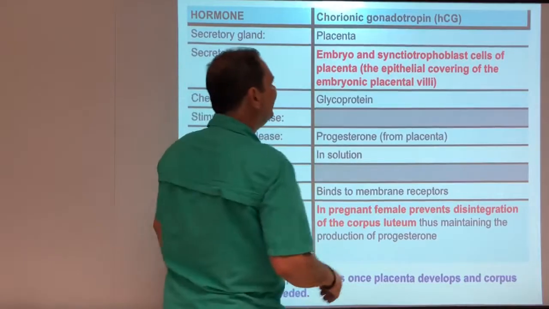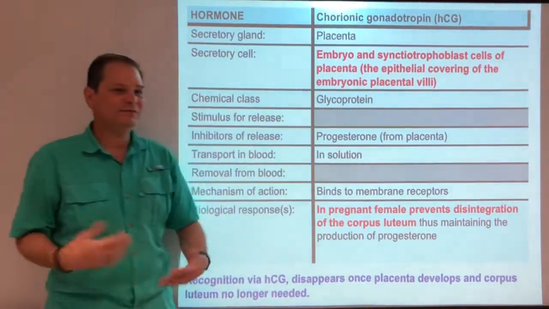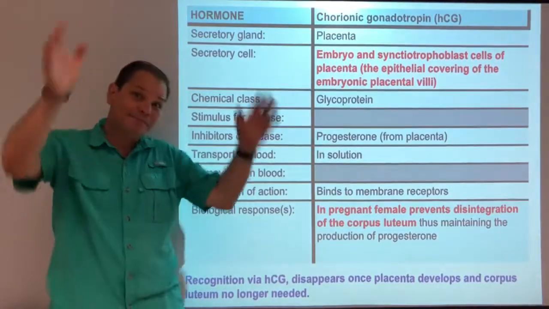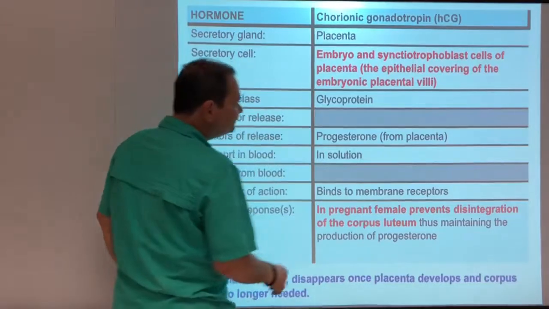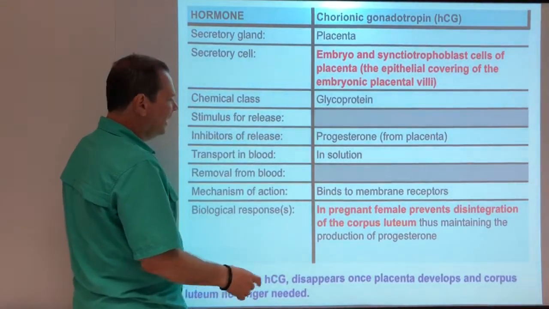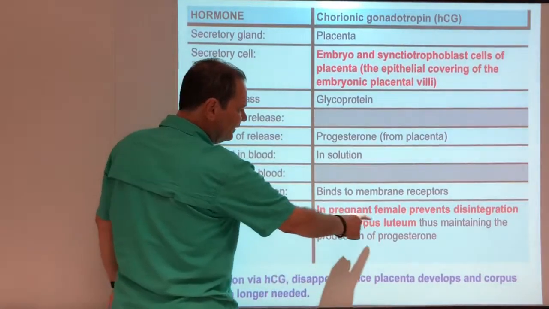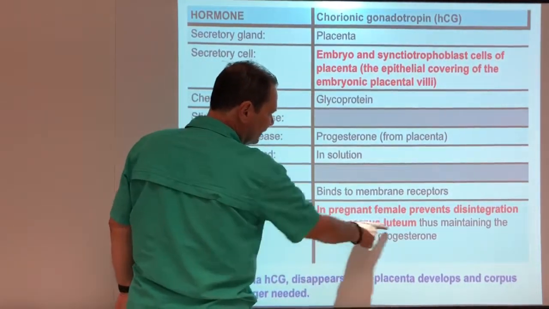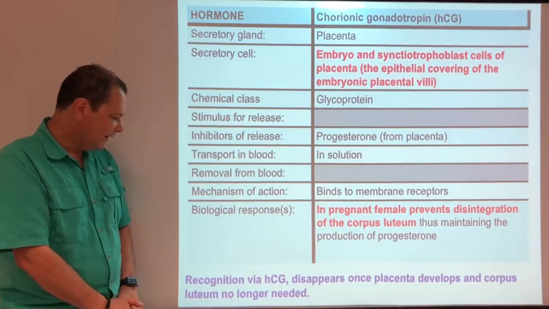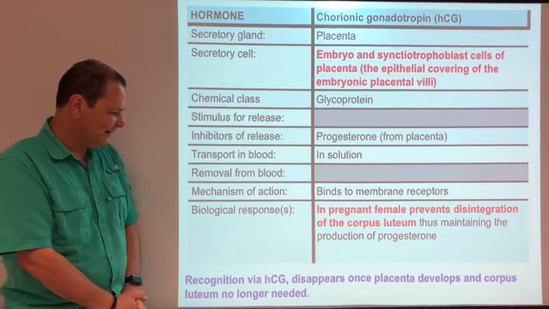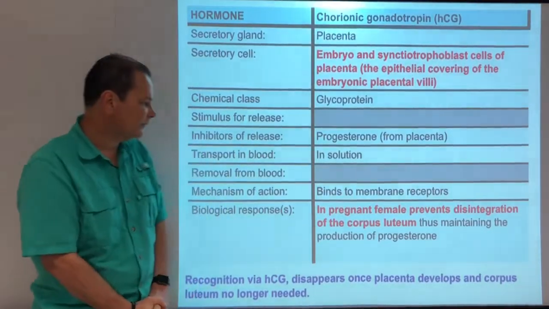And they are actually what secretes this and lets the female reproductive system know, hey, I'm here, don't eject me. In the pregnant female, it prevents disintegration of the corpus luteum. That is its main target, and by doing that, you maintain secretion of progesterone from the corpus luteum.